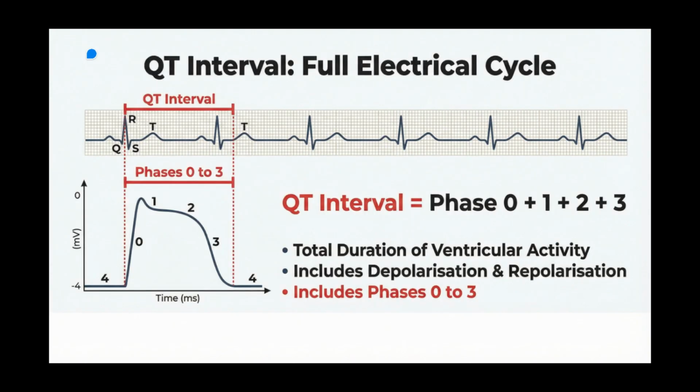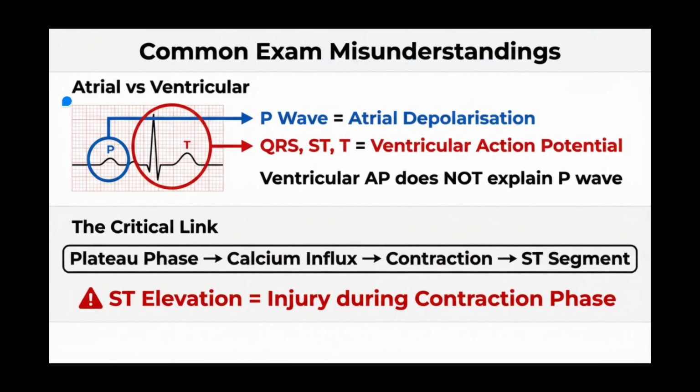QT interval represents the total duration of ventricular depolarization and repolarization. It includes phases 0 to 3. If you remember that QT equals the full ventricular electrical cycle, you will not confuse it.